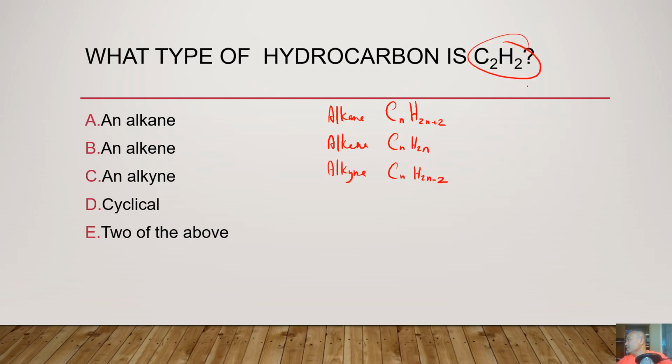So when you rewrite this formula, C2H2, it could be written as C2H2 times 2 minus 2. So this is the n, right? This number 2 is the n. So this is the same as CnH2n-2. So this is an alkyne.